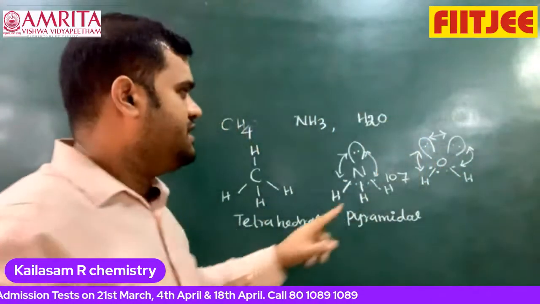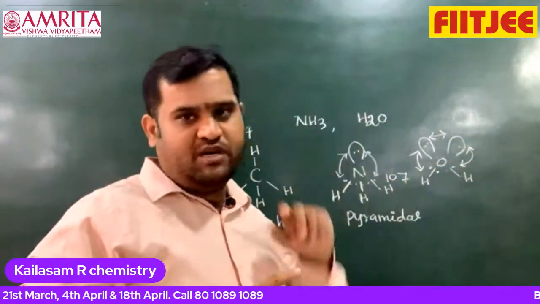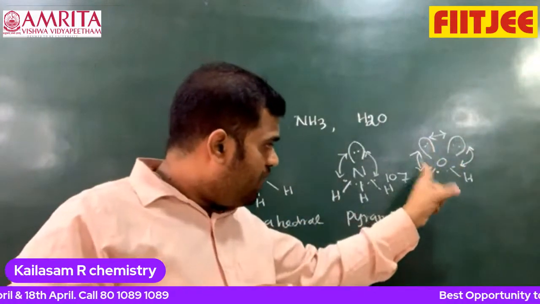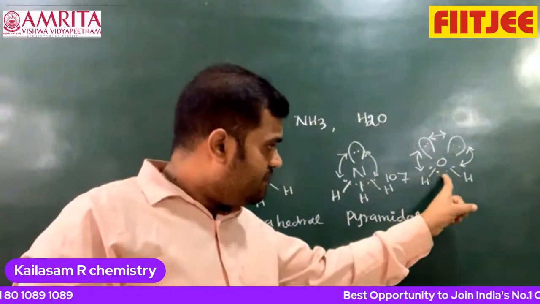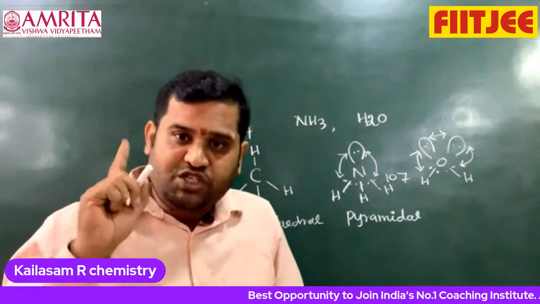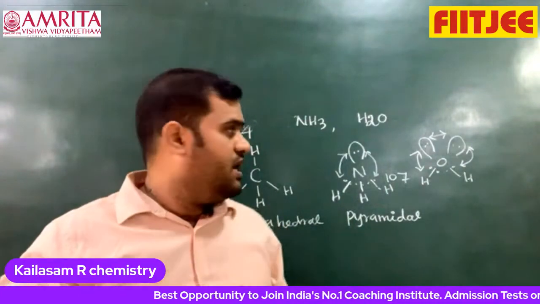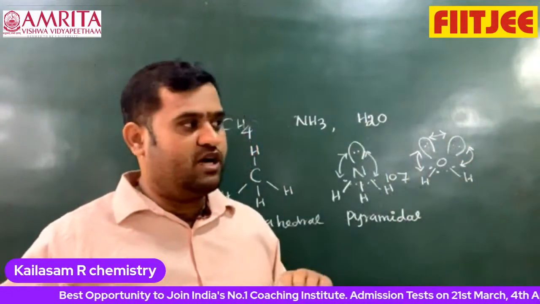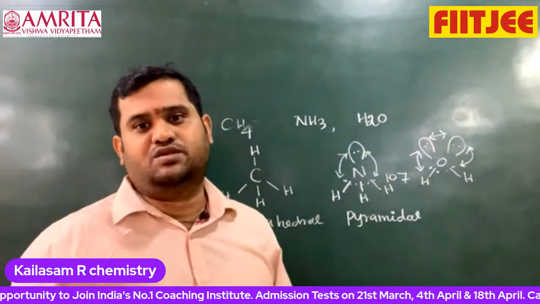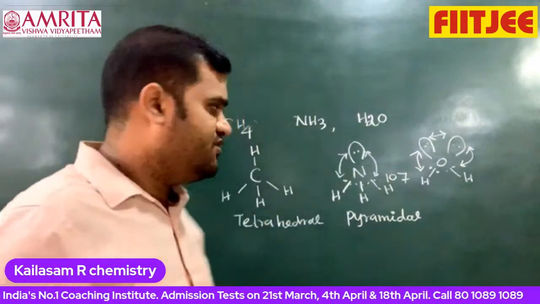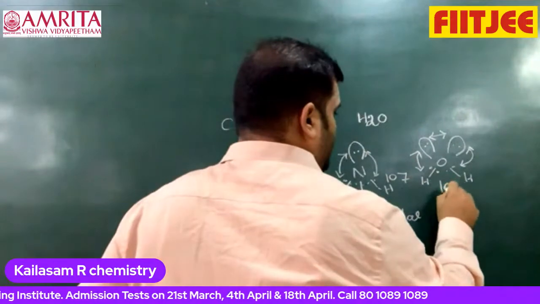Now look at this. Here is lone pair, lone pair repulsion, lone pair, bond pair repulsion, and bond pair repulsion. Which is the most repulsion? Lone pair. Because of that, the bond angle decreases from 109 to what?